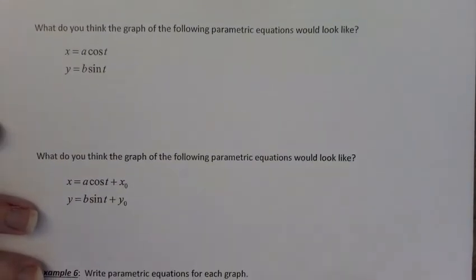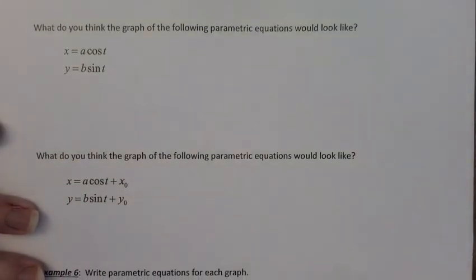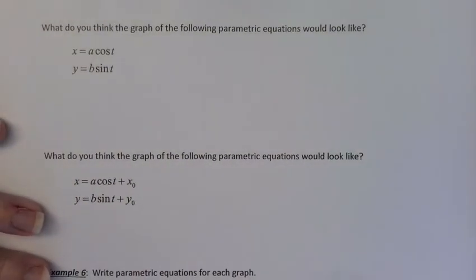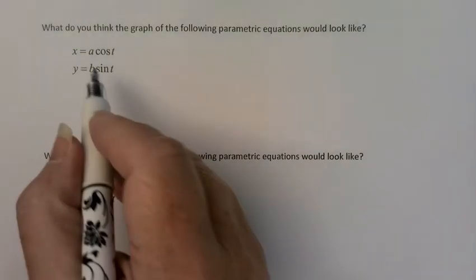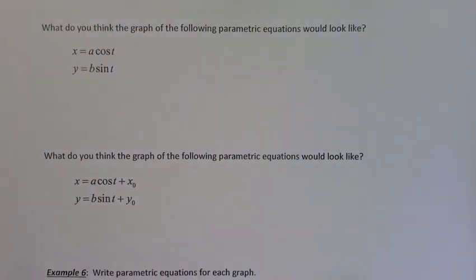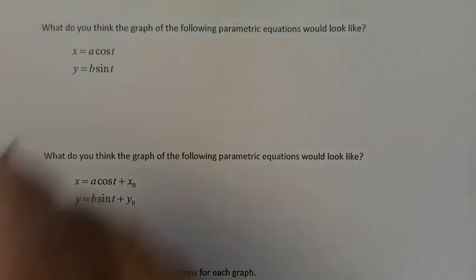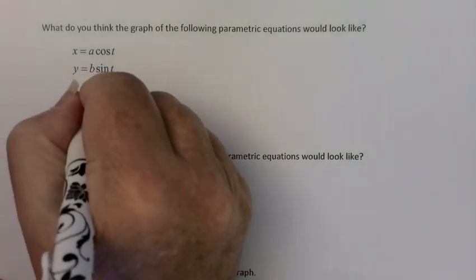What about this next equation? What do you think the graph of these parametric equations would look like? Very similar to what we've been working with, but notice that there's a different multiplier on the cosine and the sine. What happens here is we're going to get an ellipse.